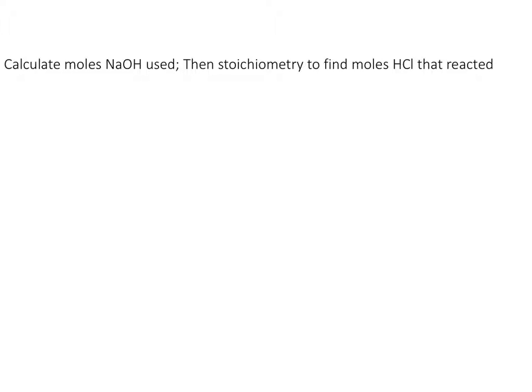Now we calculate the moles of sodium hydroxide used using our favorite formula. Moles equals concentration times volume. The concentration of sodium hydroxide is 0.1025 moles per decimeter cubed, and the volume that was used was 0.00436 decimeters cubed. So I took 4.36 centimeters cubed from the previous slide, divided by 1,000.